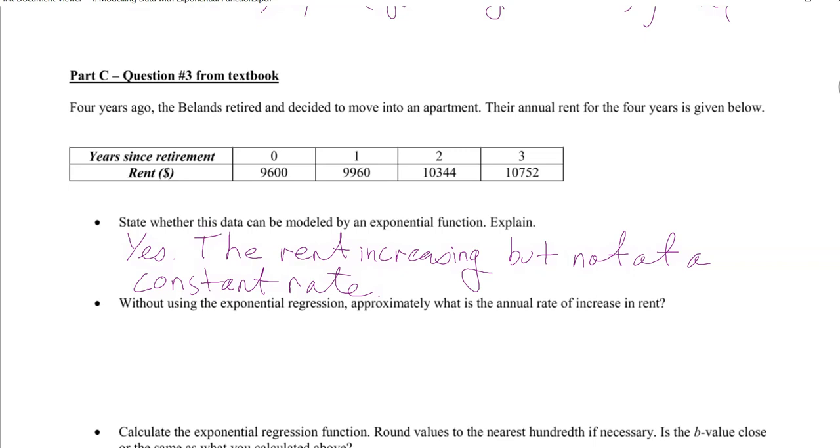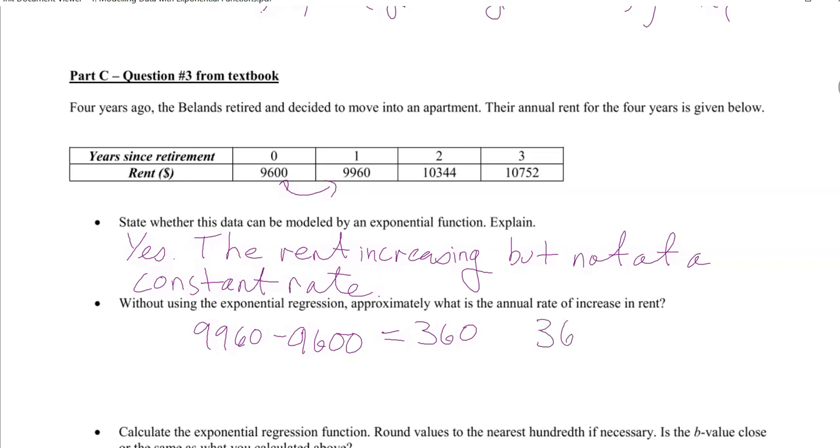Without using the exponential regression, approximately what is the annual rate of increase in rent? We can work that out by asking what the increase is. You started at $9,600. You went up to $9,960, which is a $360 increase. We want what 360 is as a percent of 9,600.